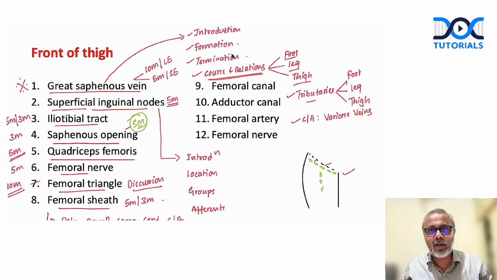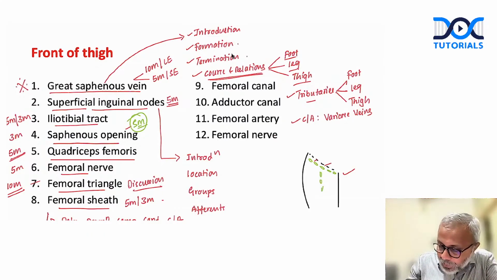Imagine this is a 5 marker question and you have written these 5 headings, where will the examiner deduct the marks? If you have written it correctly, it is not just enough if you write the headings. You should have written the content also correctly. But if you structure like this, the examiner will not be able to cut the marks in any way. Done. This is regarding femoral sheath.